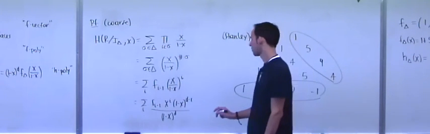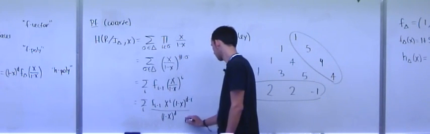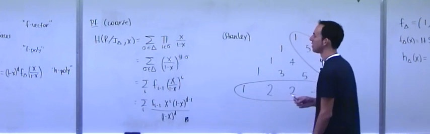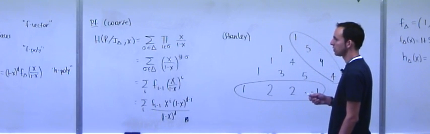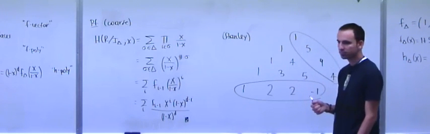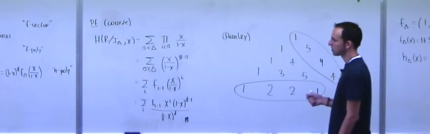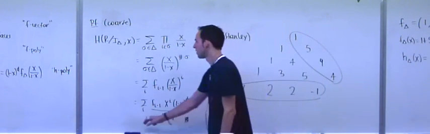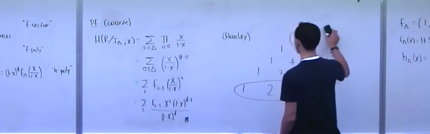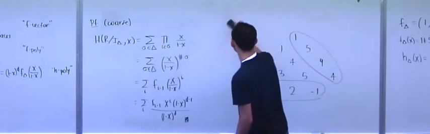Okay. So that's the proof of the coarse Hilbert series. Okay. And so you see the point is that we already did all the hard work with the fine Hilbert series, and then this one is just a very simple consequence of it. Okay.